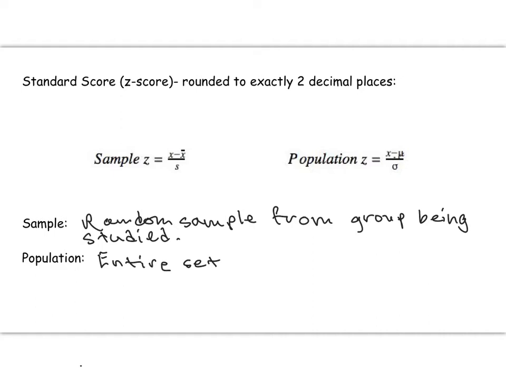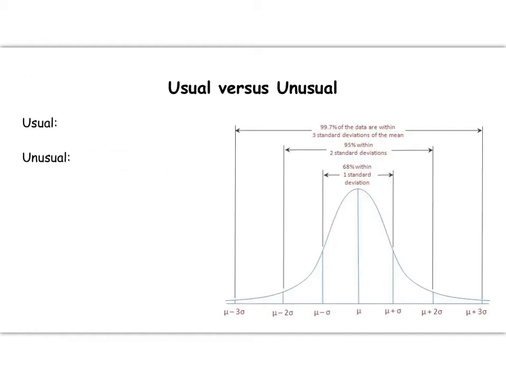Parameters are what describe a population. Okay, so that's how we calculate a standard score.